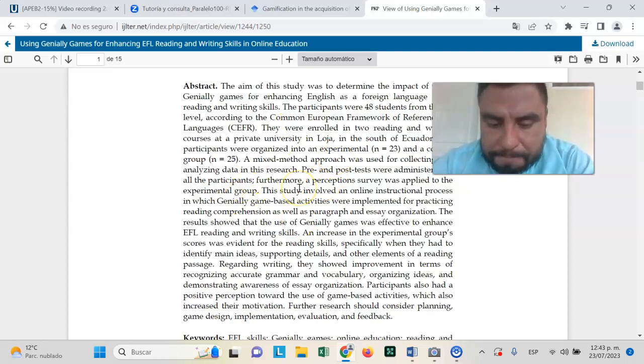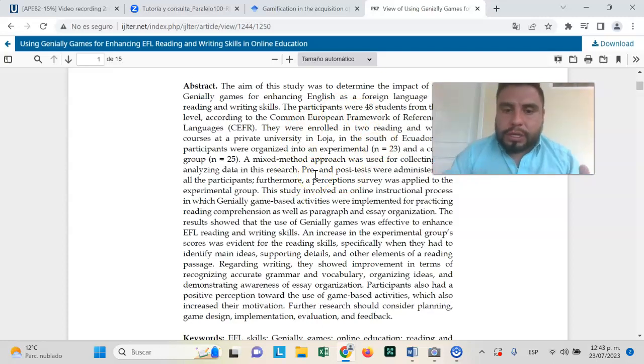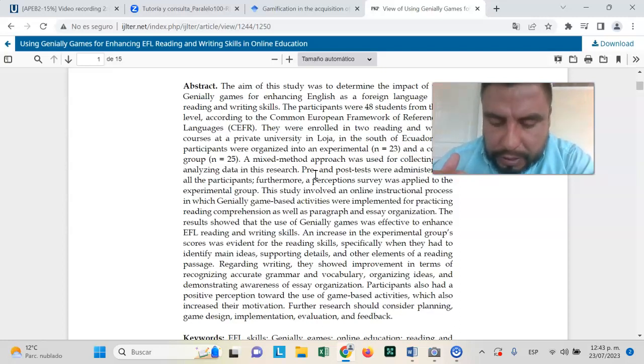This is a study about some students who were chosen from a group in order to apply a test to prove how the games, or the gamification, is useful in order to improve the learning process.